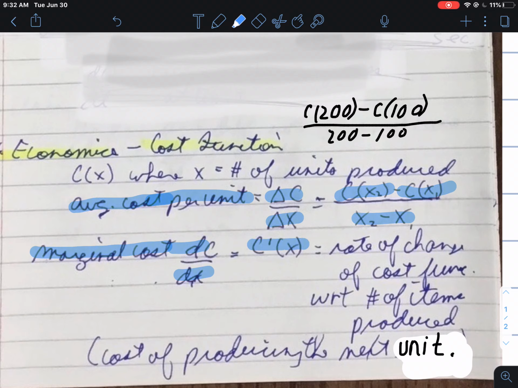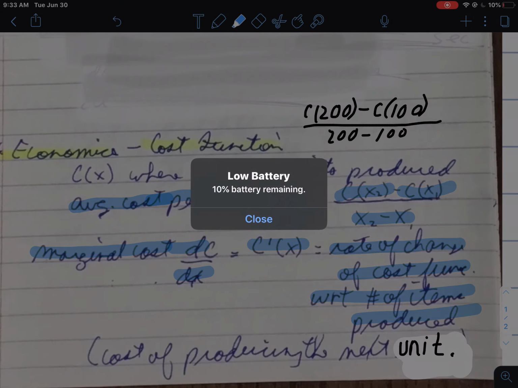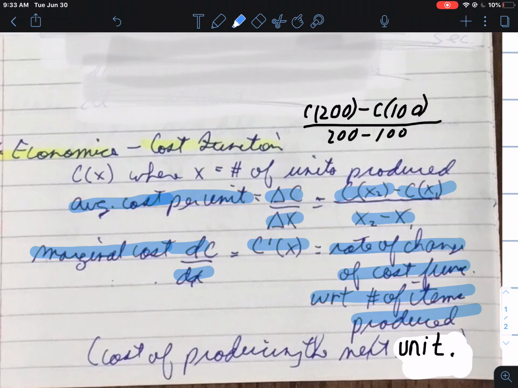All that discussion we've had about the slope of the tan line: we use the slope of the tan line to give us the slope of the curve, the rate of change in the actual curve. So C prime is the rate of change of the cost function with respect to the number of items produced. It's always change in cost per change in item produced.